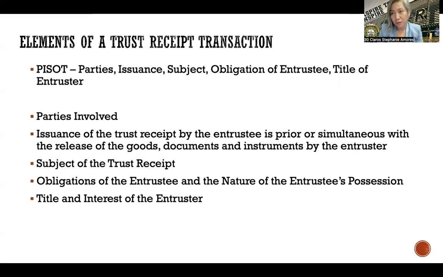And T stands for title and interest of the entrustor. So the keyword here is that the entrustor has absolute title and security interest over the goods, documents, or instruments which are specified in the trust receipt. So PISOT. Don't forget that.